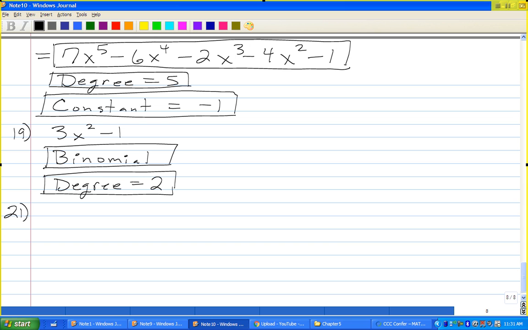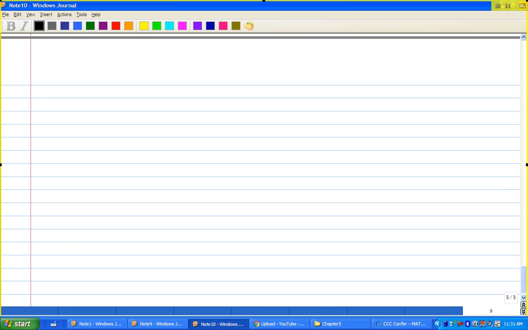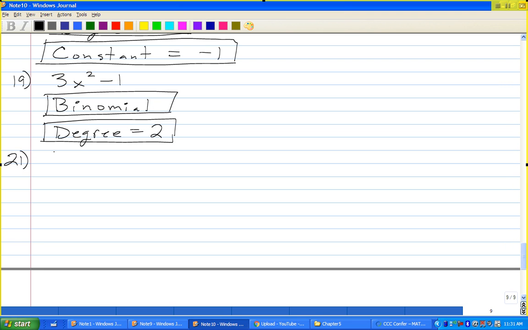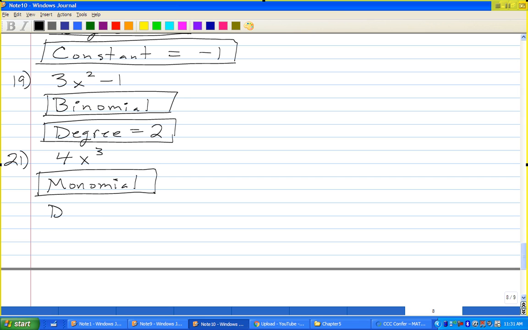21. 4x cubed. Well, this is a monomial because there's only one term. And the degree of this polynomial is 3. So this is a cubic polynomial.